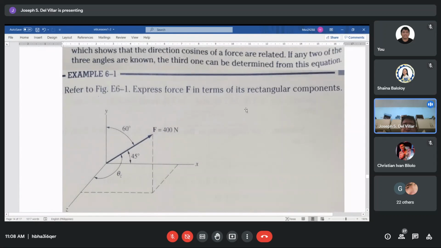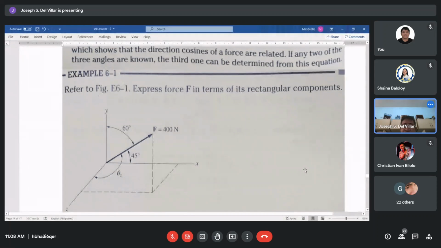Express the force F in terms of rectangular components. So given the force F with magnitude of 400 newtons. Okay, what is 45 degrees? What does 45 degrees represent? Okay, theta sub x, because it is with respect to x, or it is attached to the x-axis.